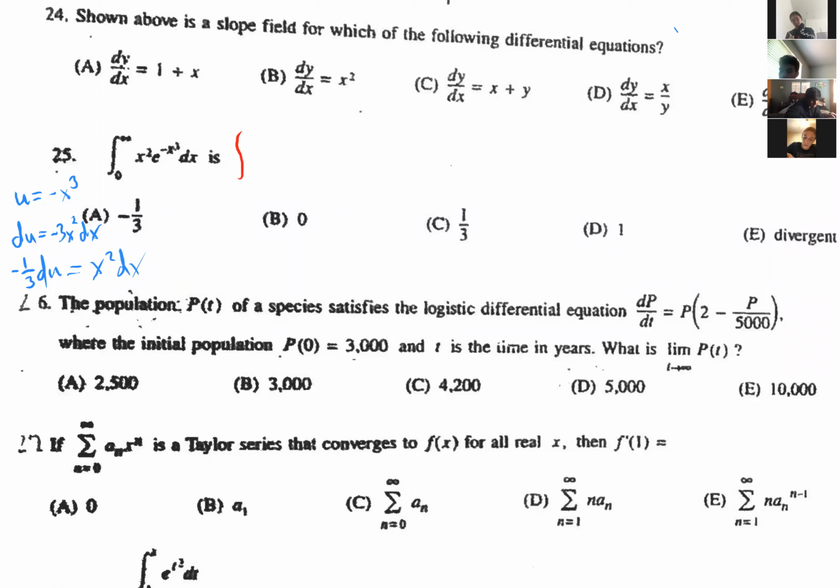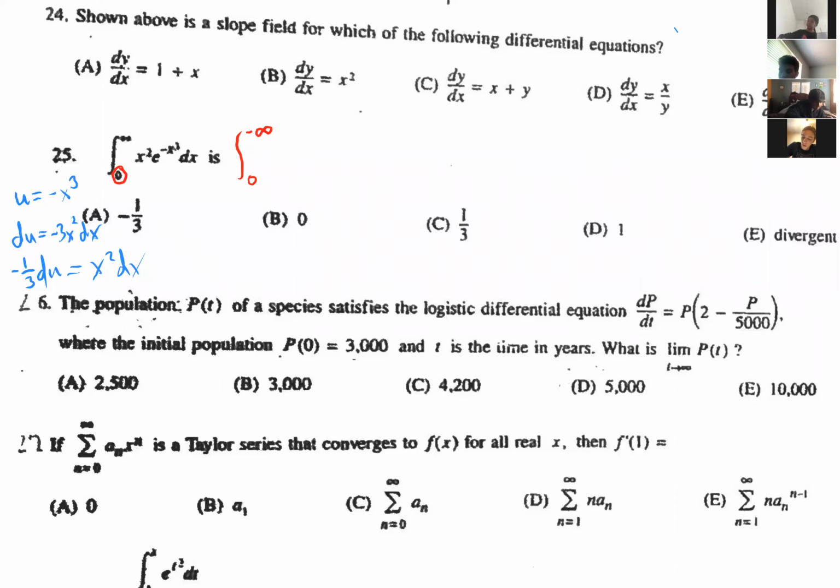I'm going to change my limits of integration. So when I plug in 0 for x, negative 0 cubed is still 0. Be careful on this next one. As x goes to infinity, negative x cubed goes to negative infinity, because it's going to keep getting smaller and smaller as x keeps getting larger.